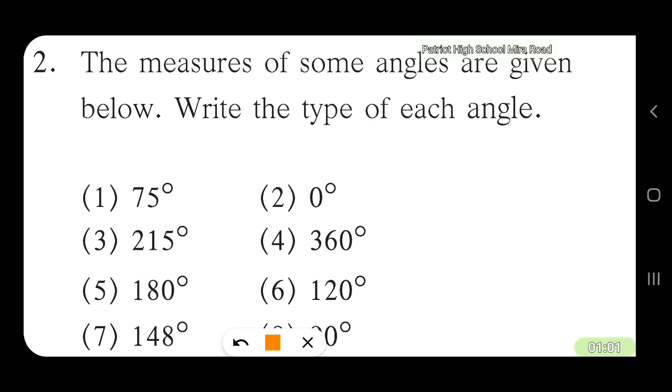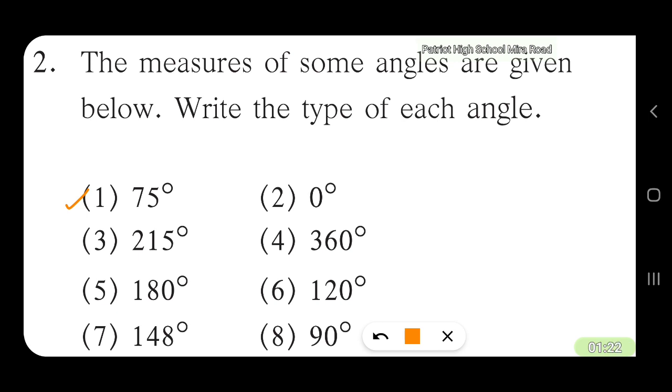The measures of some of the angles are given below. Write the type of each angle. Now let us consider the first case, 75 degrees.